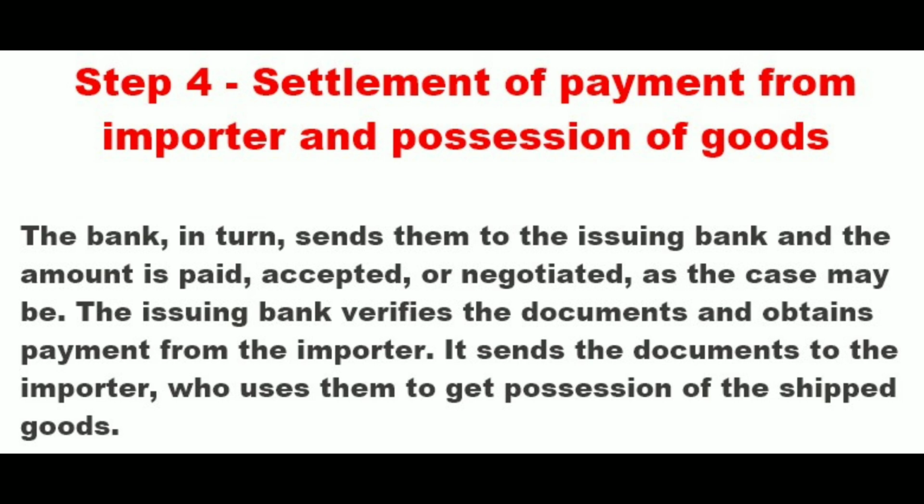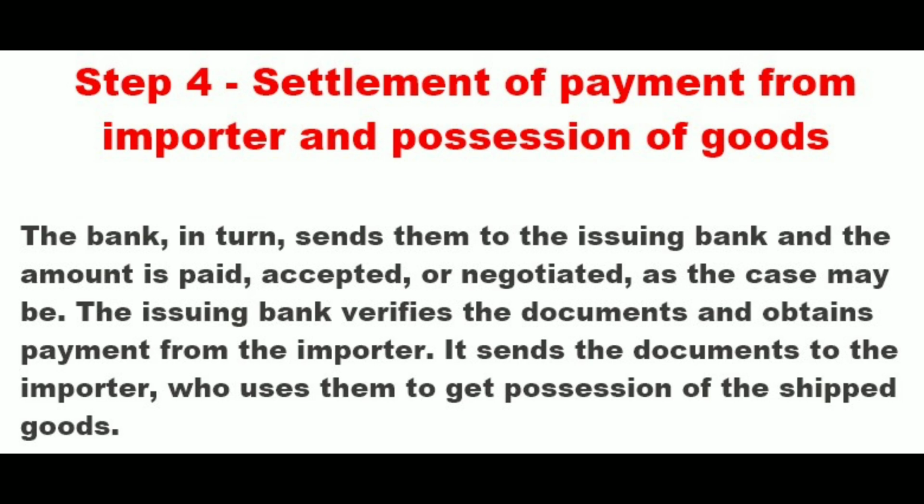Step 4, settlement of payment from importer and possession of goods. The bank in turn sends them to the issuing bank and the amount is paid, accepted or negotiated, as the case may be. The issuing bank verifies the documents and obtains payment from the importer.